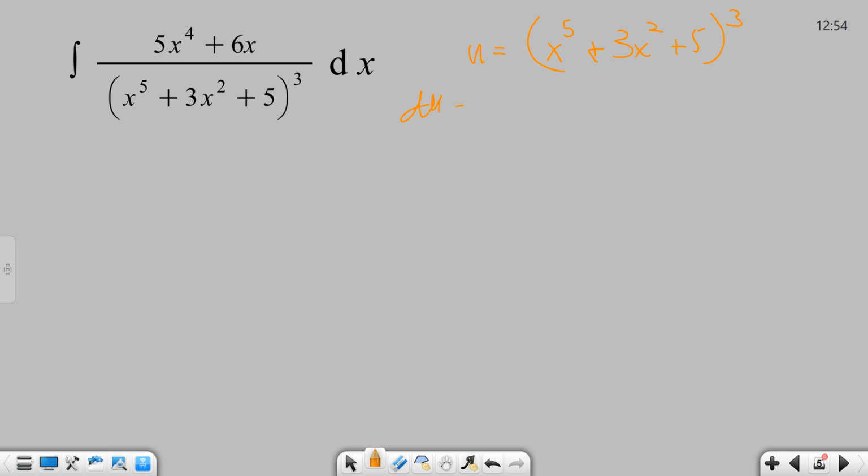So du is equal to 3 times x to the 5th plus 3x squared plus 5 to the 2nd power times 5x to the 4th plus 6x dx. Yeah, good choice, Drew.